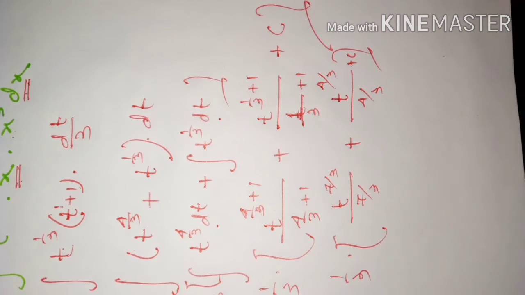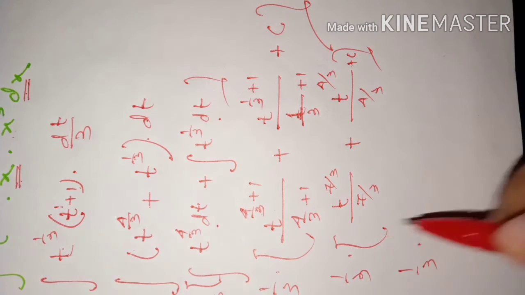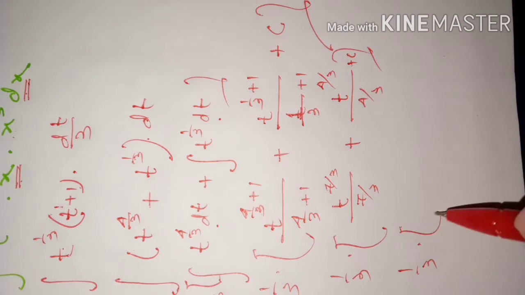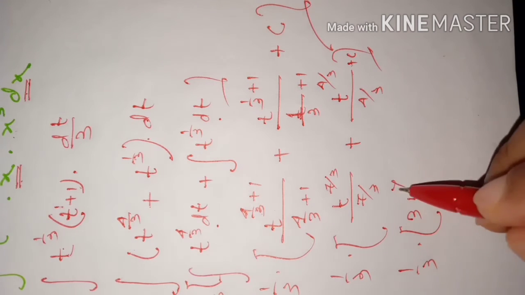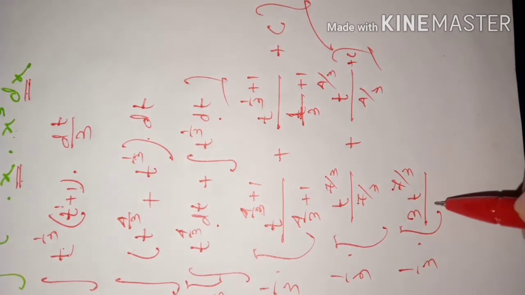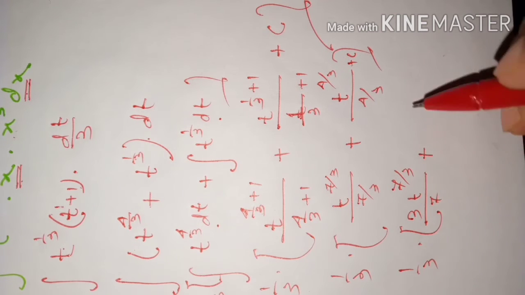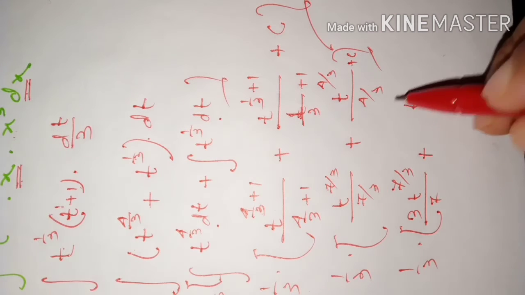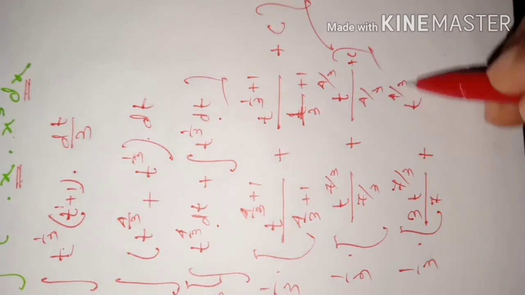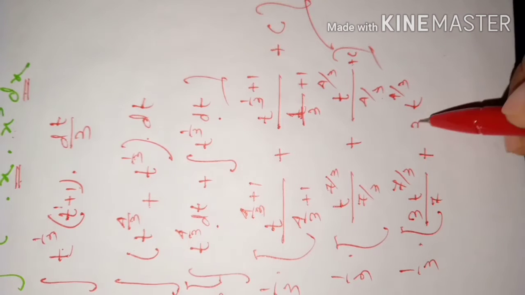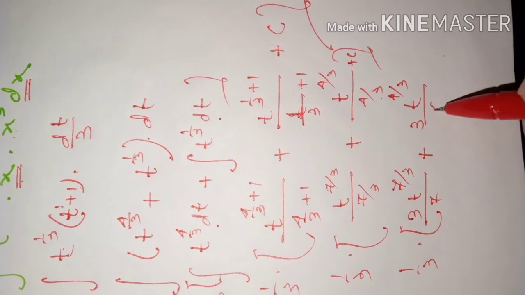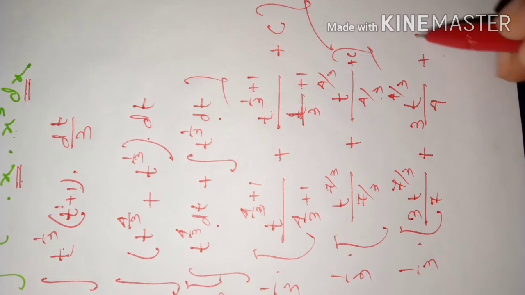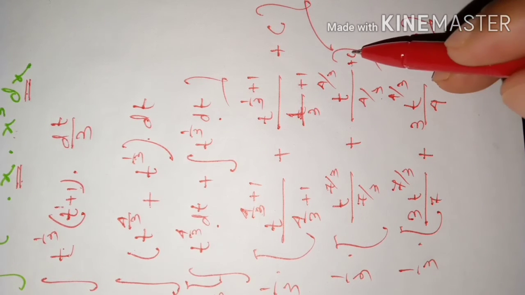So you can say now 1 by 3 into 3 will go up, it will be 3 into t to the power of 7 by 3 by 7 plus t to the power of 4 by 3, and this 3 will go up, it will be 3 by 4, plus c, or you can say c1 suppose.